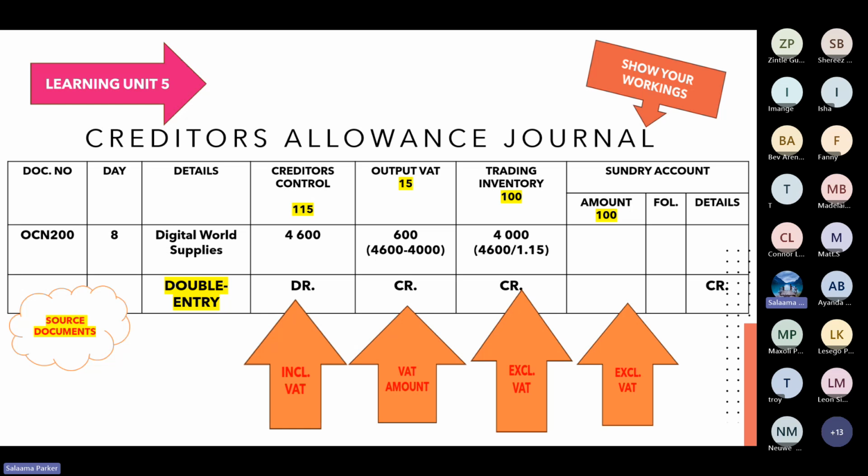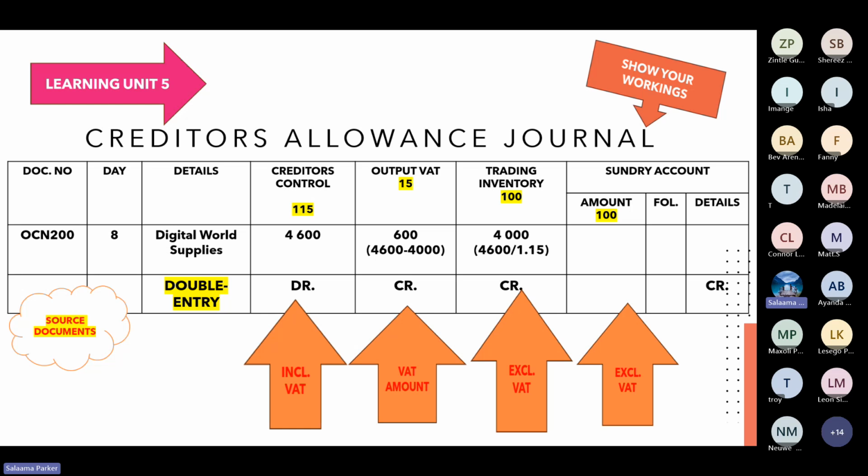Okay. Right, so again, going from inclusive to exclusive, you're dividing by 1.15, and then inclusive minus exclusive will give you your VAT amount. So again, please show your workings, show your calculations, and don't forget your double entry now.